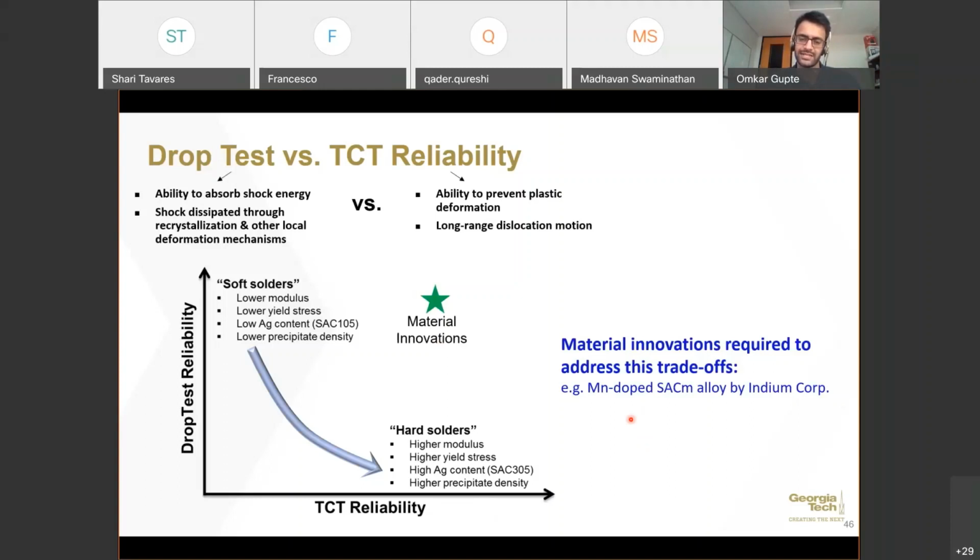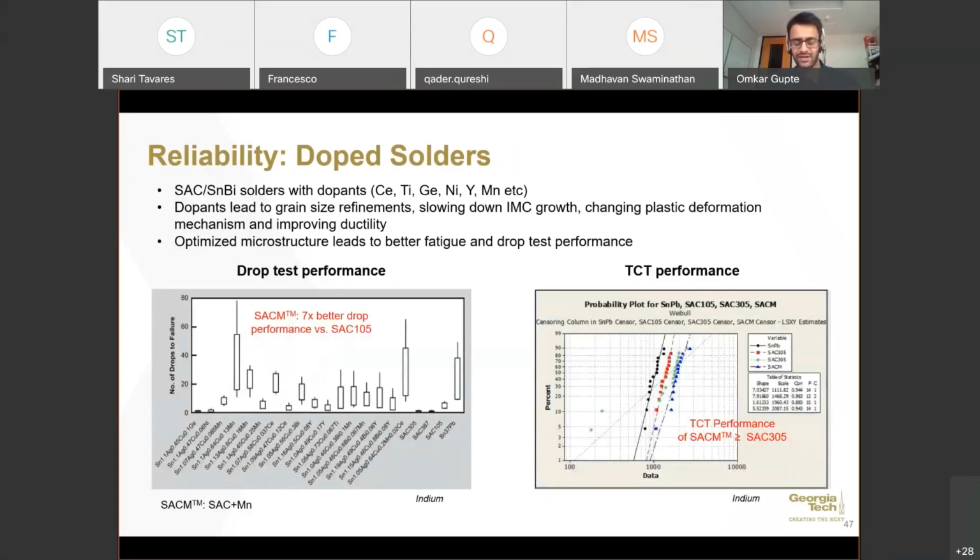And one such example is doped SAC alloy, which was presented a few years ago by Indium, SAC alloy doped with manganese, which provided good drop test and TCT reliability. So that's one of the examples.